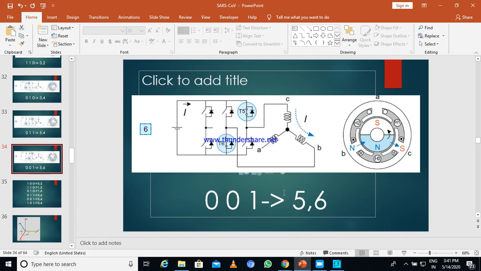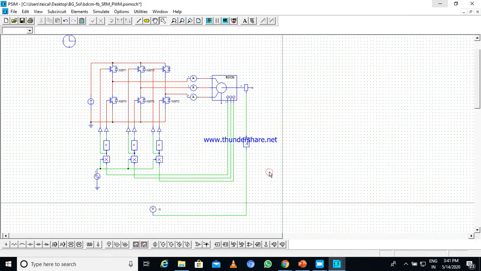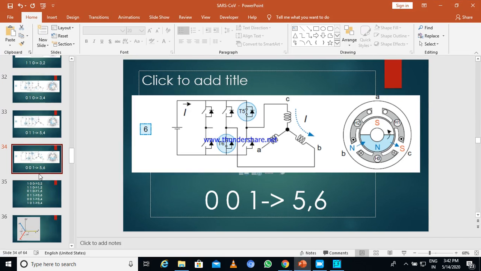This sequence, it will give you this sequence 0, 0, 1 or 1, 0, 0. Based on that, in practice we will use an AND gate or OR gate. First we will see how to implement it practically.